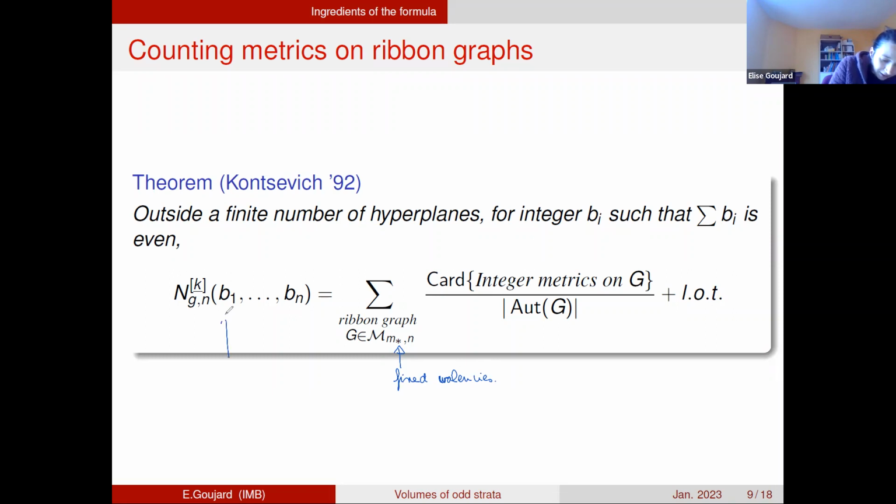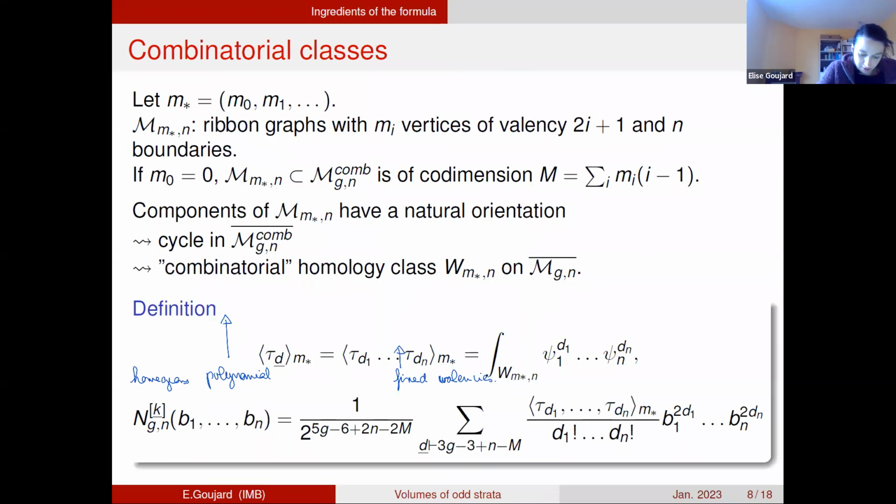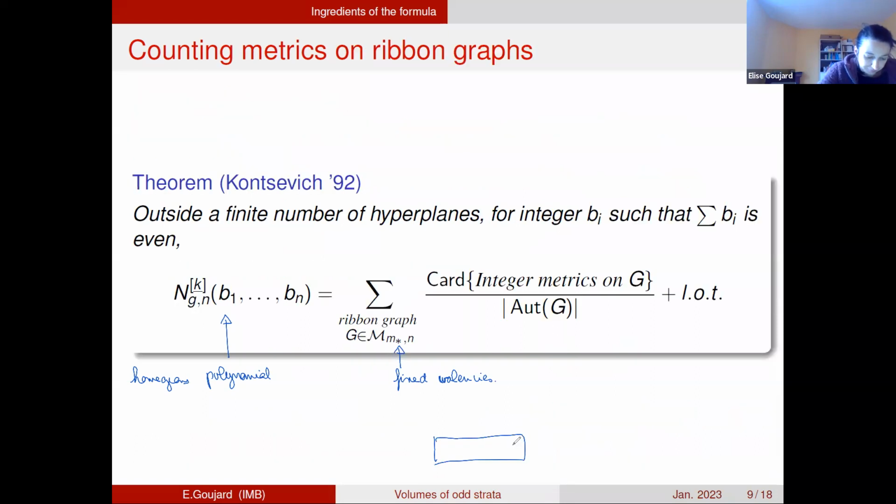Here I define this as a homogeneous polynomial of degree 3g minus 3 plus n minus M. I will also explain later that this is not usually a global polynomial, and here these are up to lower order terms.